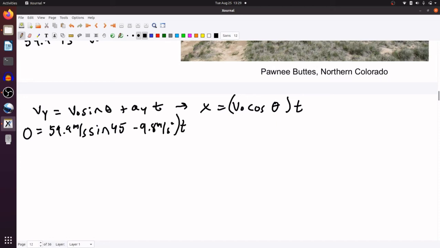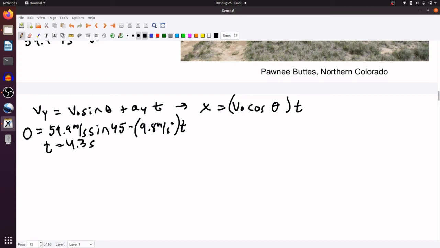Put parentheses around it so it doesn't look too messy. Just going to do the best I can on that. All right, so then times the sine of 45, and then divide that by 9.8. It should take, we're going to say, 3 seconds to reach the top of the trajectory.